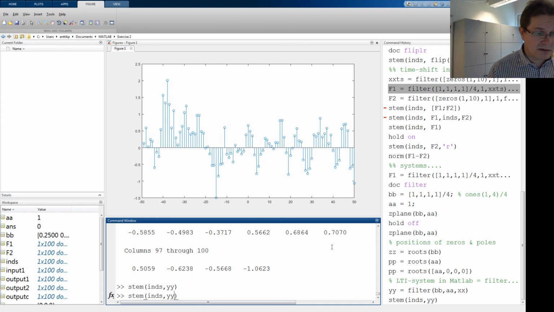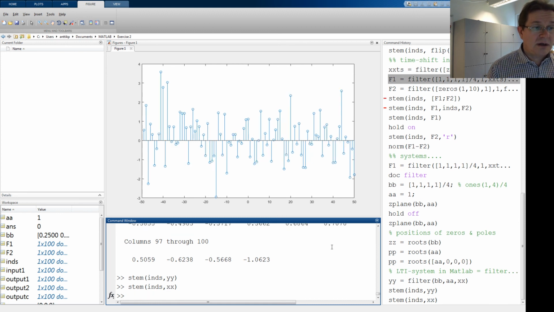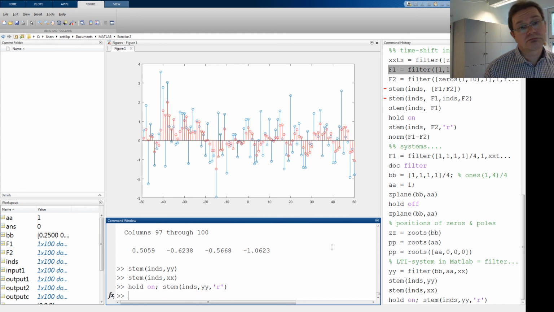Let's check the input. Output. Yep. You can see a couple of effects here. So amplitude is smaller. Why? Well, maybe because the running average is supposed to take off some of the randomness from the data.